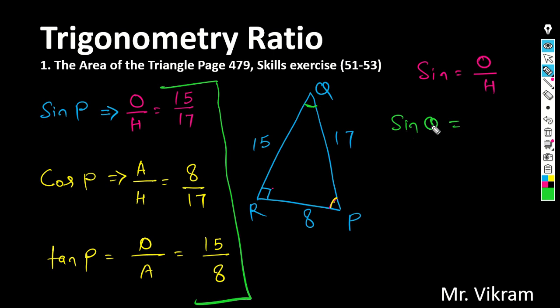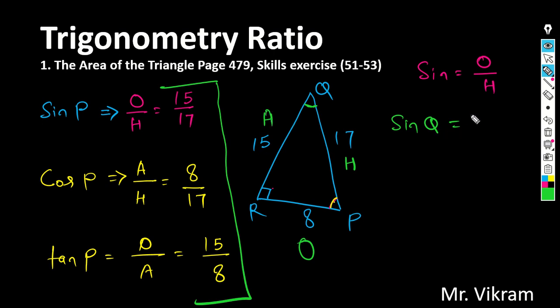Only look at sine Q. So again, what will be the hypotenuse? The longest one is always the hypotenuse, so we don't have any doubt here. Which one will be opposite and which one will be adjacent? From here, this is the opposite side, so I will call it opposite, and that will be your adjacent, right?